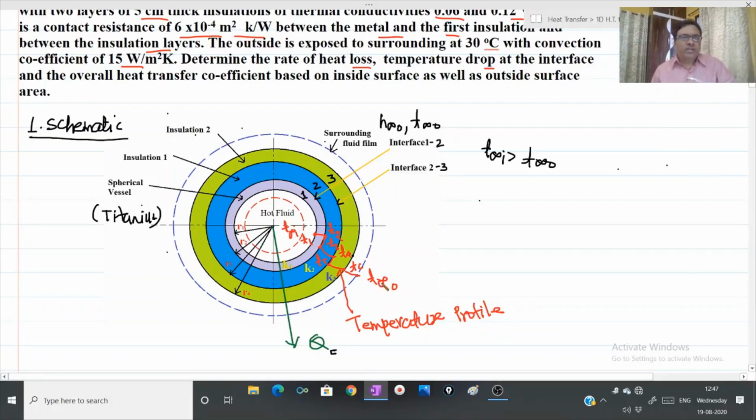So this way we can represent different parameters affecting the heat transfer rate in this composite sphere system.